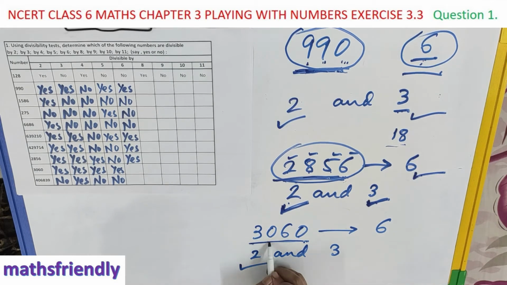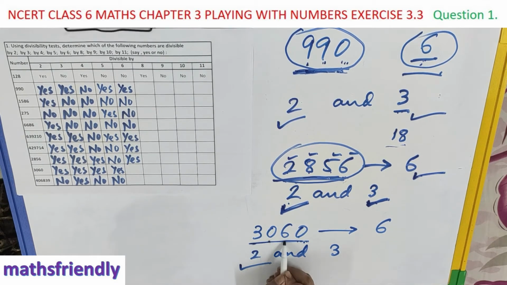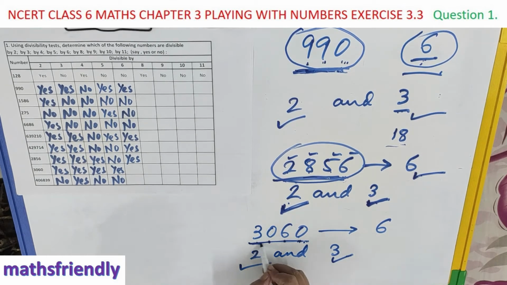So we have to add all the 4 digits of this number. 3 plus 0 is 3, 3 plus 6 is 9 and 9 plus 0 is 9, and 9 is divisible by 3. It means this number 3060 is also divisible by 3.